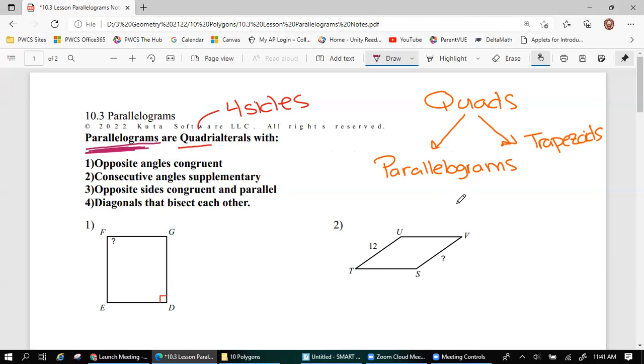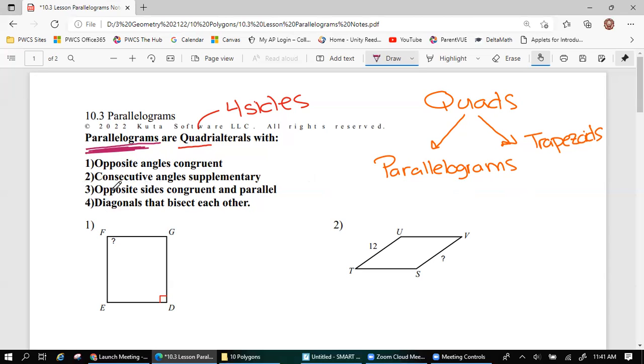When we break these out into even more specific names, like squares, rectangles, and rhombi, they'll have all these properties, plus new ones that make them unique. But let's just talk about the parallelogram part of the family tree.